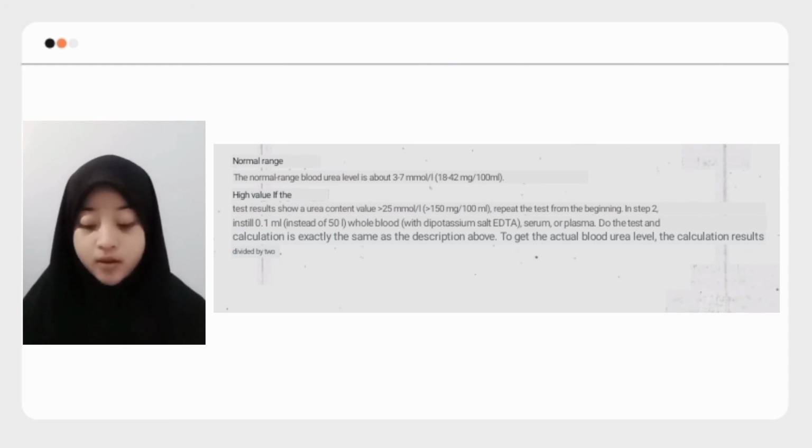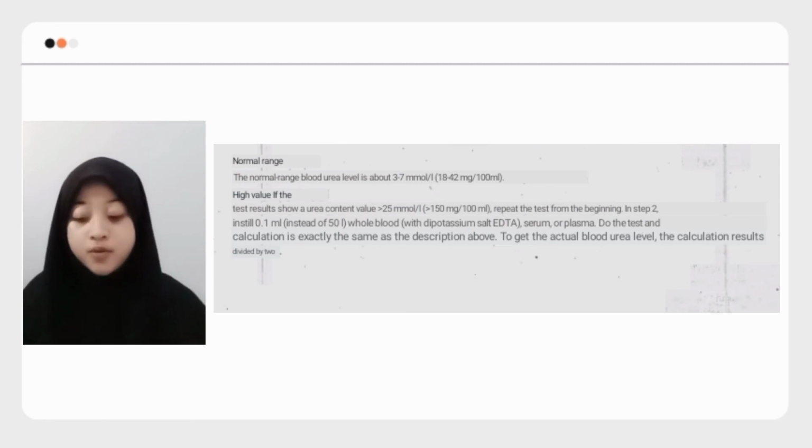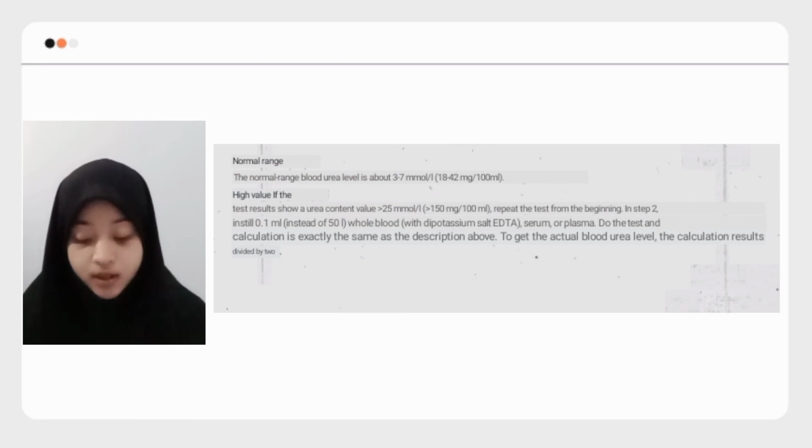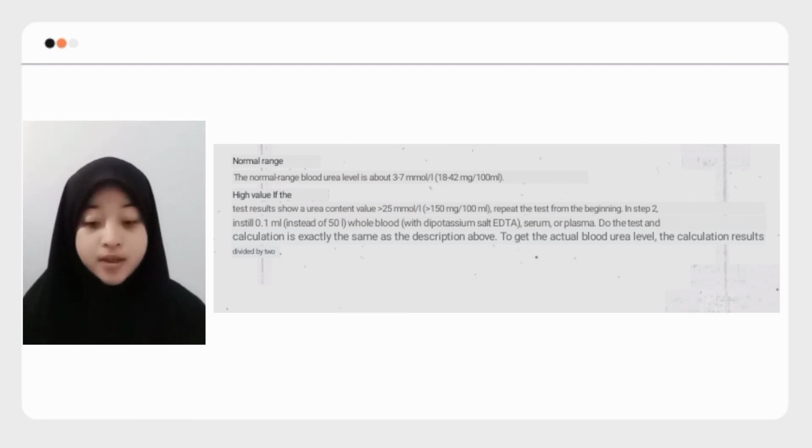The formula for calculating blood urea level in mg/100 ml is: blood urea level in mmol/L times 6.0 divided by 1.67.